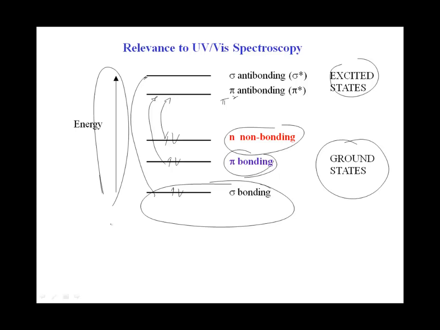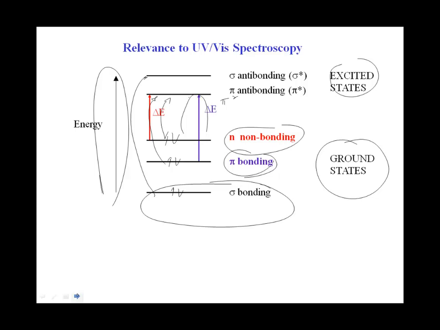What you should see immediately from this is that the gap between the n and the pi star is the smallest, and next you have the pi to the pi star, and then the sigma to the sigma star, or the sigma to the pi star, is quite a large energy gap. So when we're talking about transitions occurring in UV visible spectroscopy, we're talking about these kinds of electronic transitions.